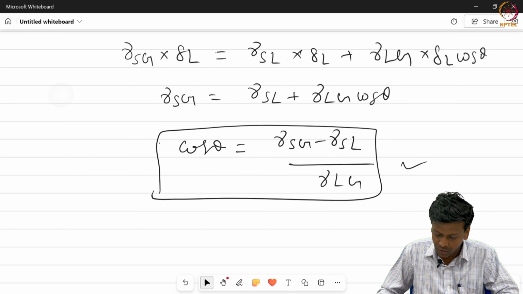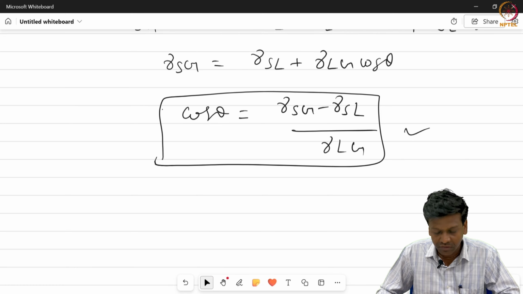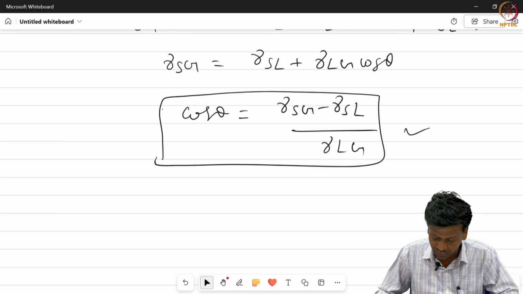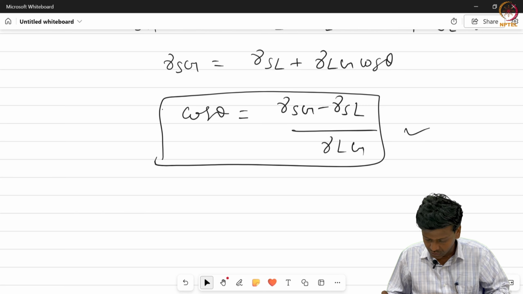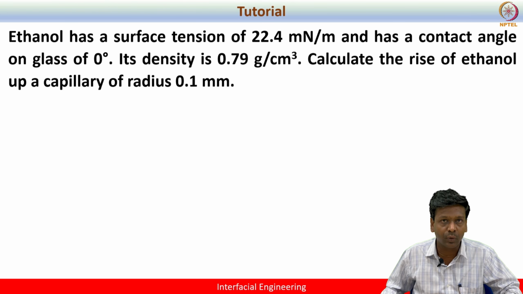Based on this equation, we will also try to solve a tutorial exercise in this lecture itself. Now we will move on to the tutorial part. We have got a couple of equations.